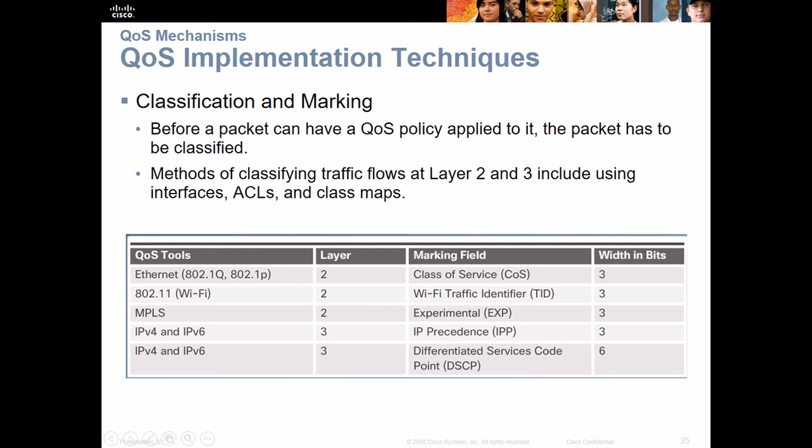Okay. Before you classify and mark the bits on the packet or the frame, you can use layer 2. You can use ACLs or class maps to identify the packets. How do you actually configure those bits?